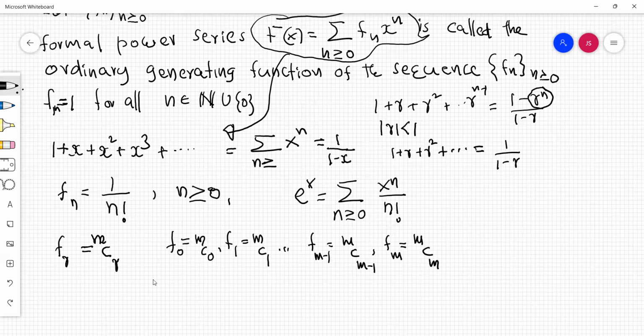This is for r equal to 0 up to M. What is the associated power series for this one actually? Where M is a natural number. M must be a natural number.